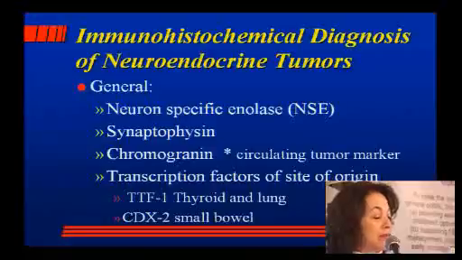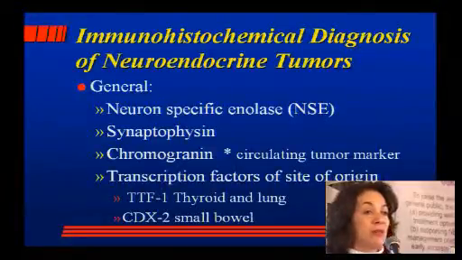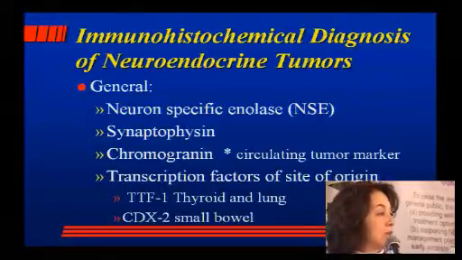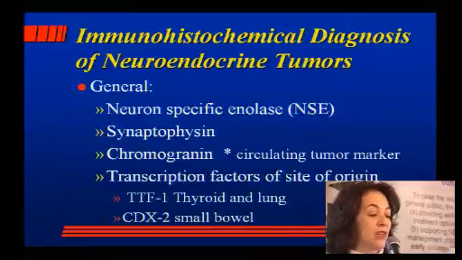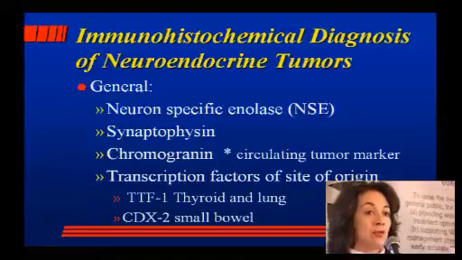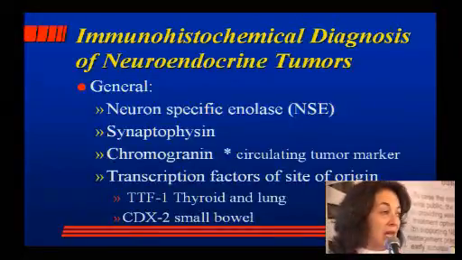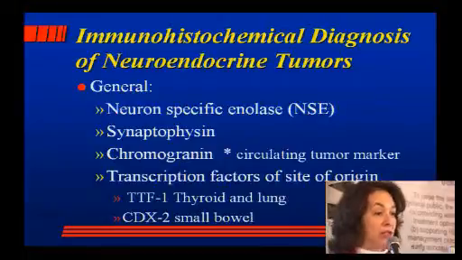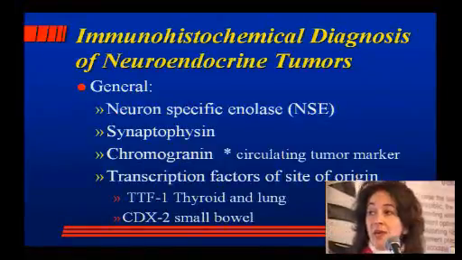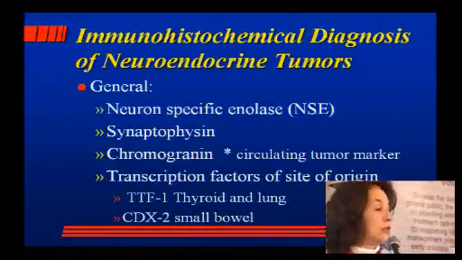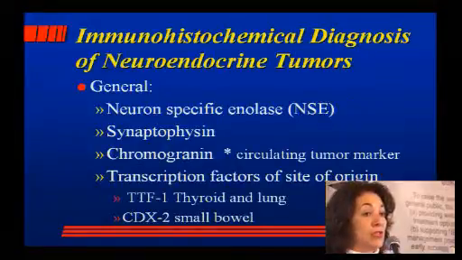Most of us now use synaptophysin and chromogranin, which is a very nice and very specific marker of neuroendocrine differentiation, and which happens to also offer us an excellent tool for a circulating marker of these tumors. Because if a tumor is making chromogranin A, we can use that to measure the circulating blood and follow the patients very carefully.